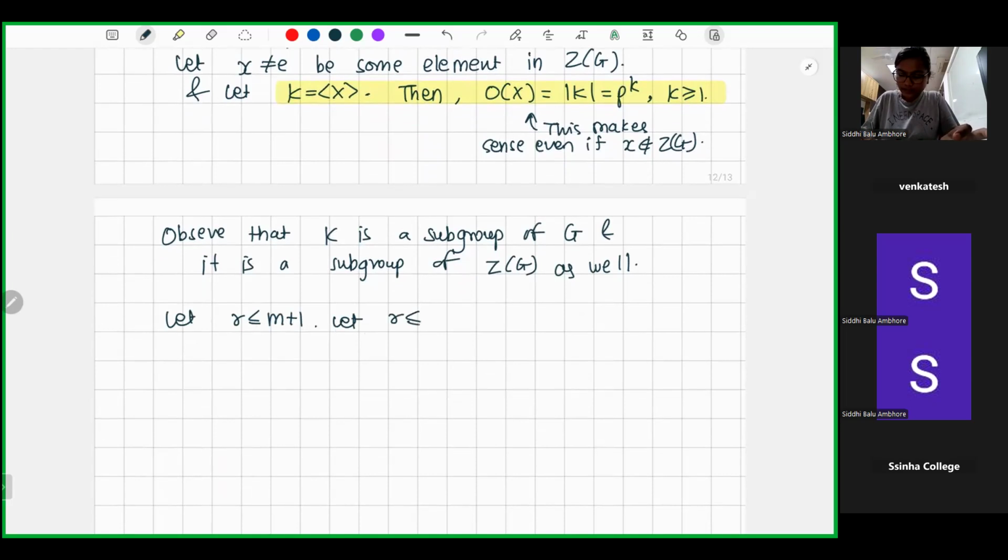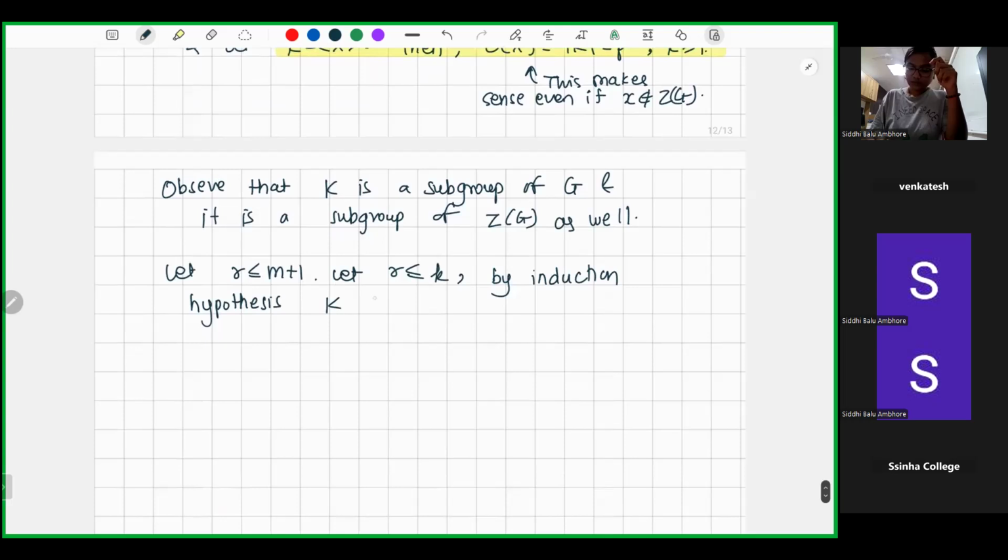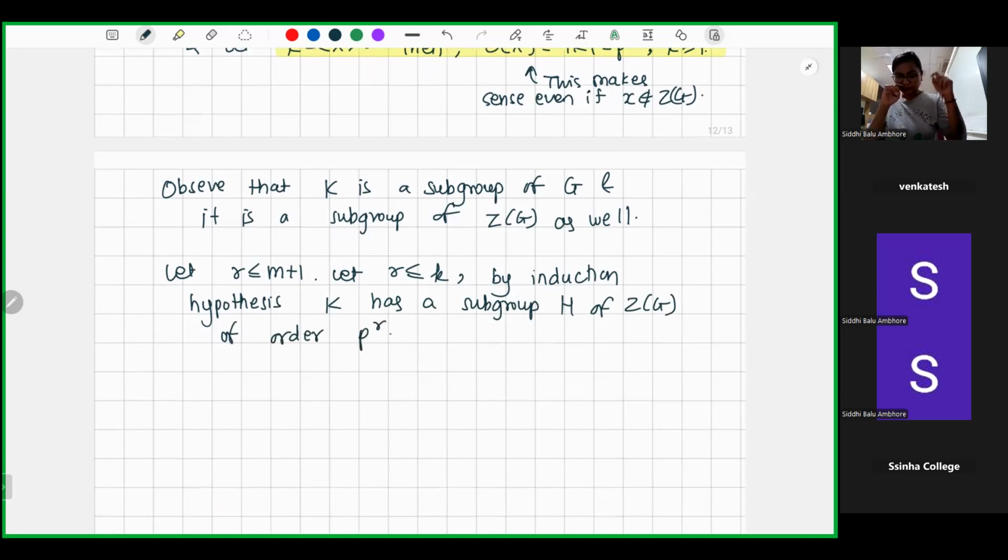Let r be less than or equal to this small k. Then by the induction hypothesis, K has a subgroup H of Z(G) of order p^r.